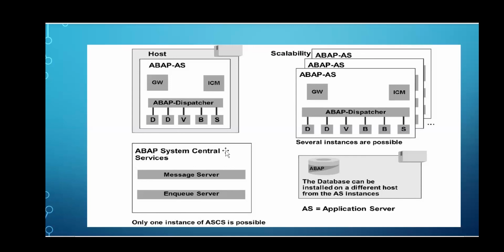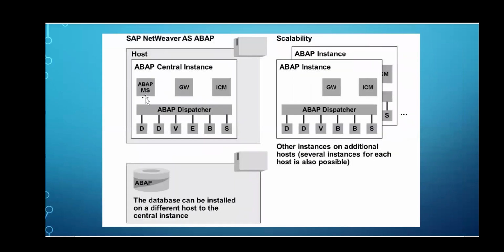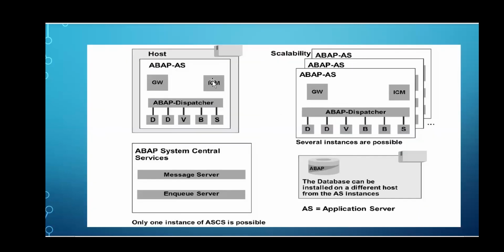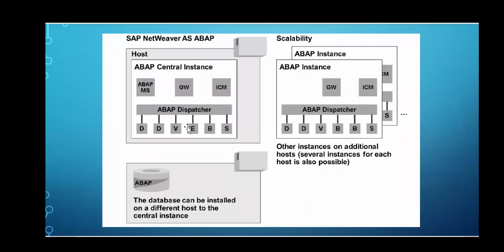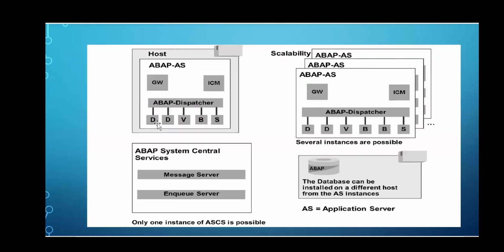Earlier, you just had MS, GW, ICM. Now you will have your gateway and ICM as it is, but your message server and NQ server will be separate. So when you have your NQ server separate, you will not have the NQ work process. Here you had DVEBS. Here you will not have this E work process. E will be separate.